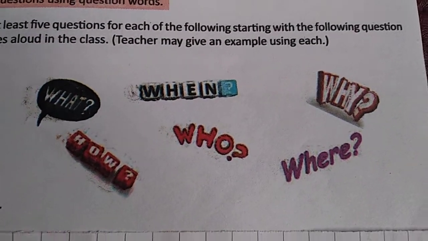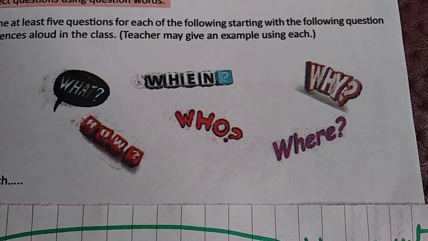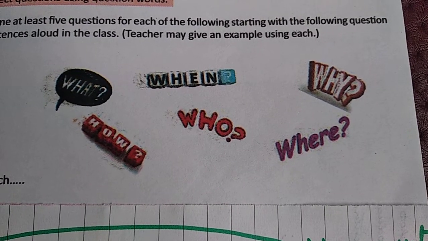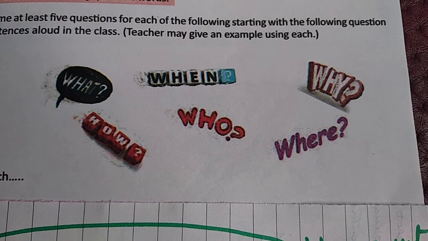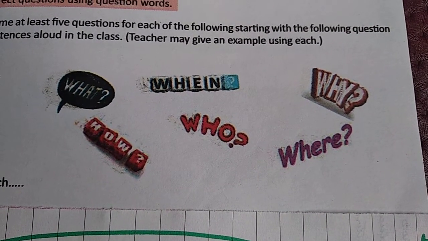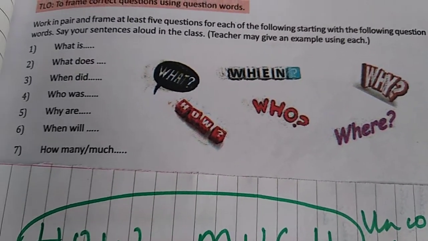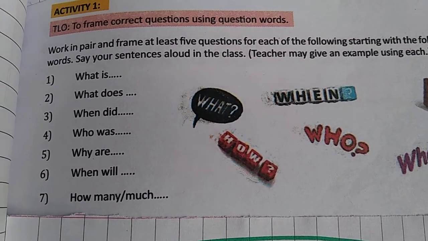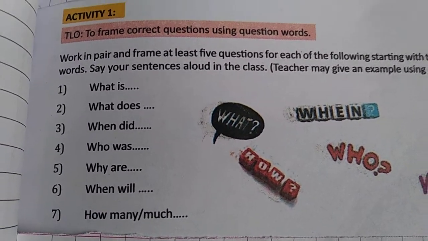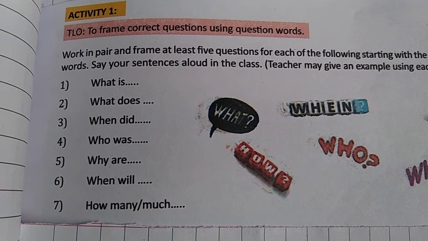Now, we have these words: what, when, who, why, how, where. And we are going to now make sentences with these. What kind of sentence are we going to make?